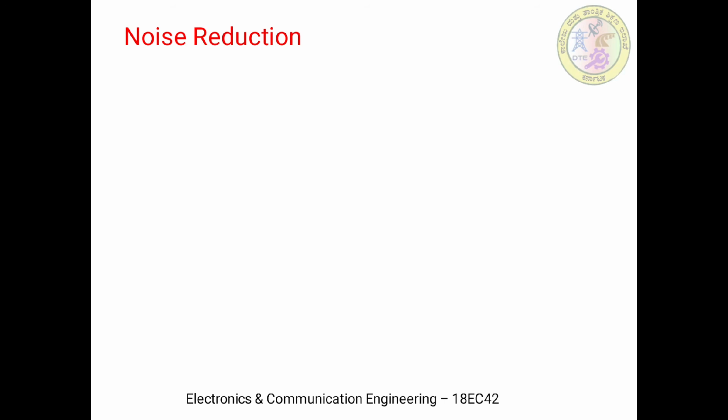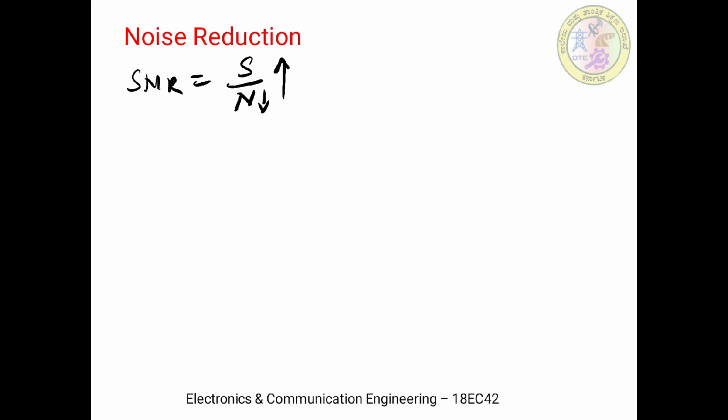In other words, it can also be stated that negative feedback can be used to reduce the noise. SNR means the ratio of signal and noise. So the effect of negative feedback is to reduce the noise, and when noise is reduced, the total SNR value will increase. So how is it possible?